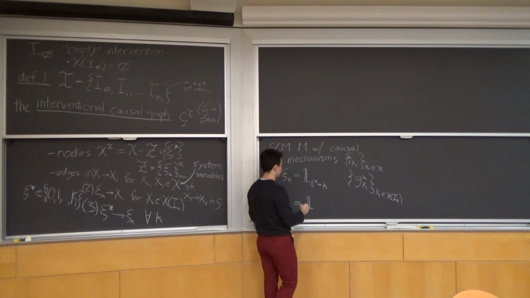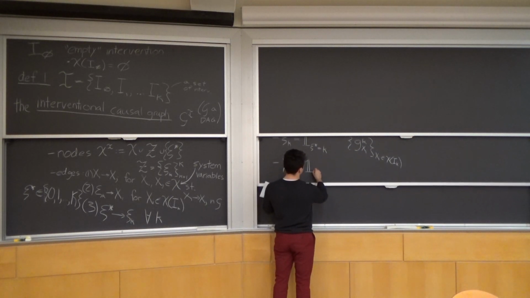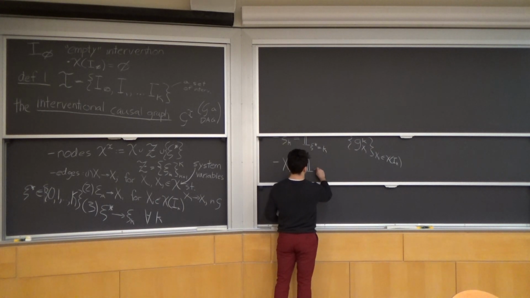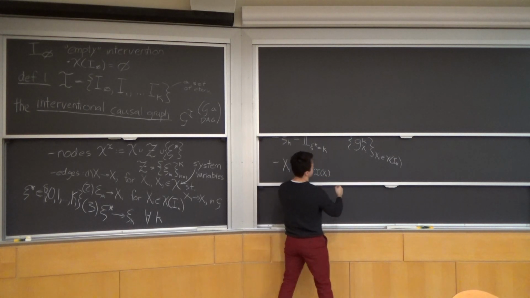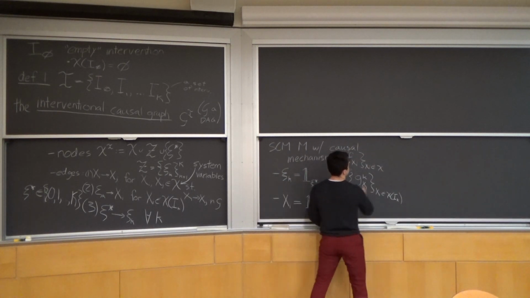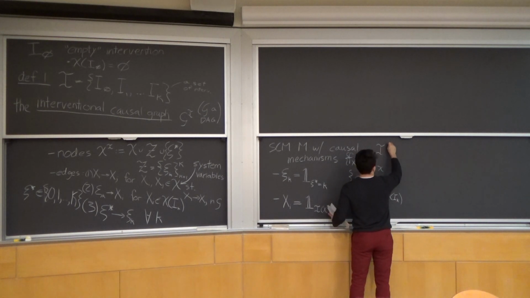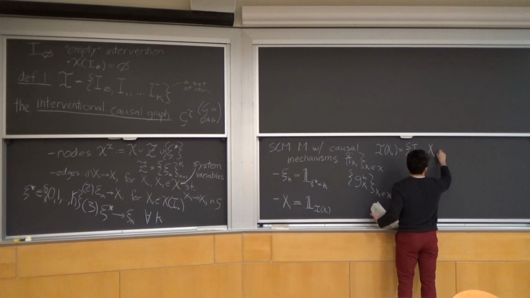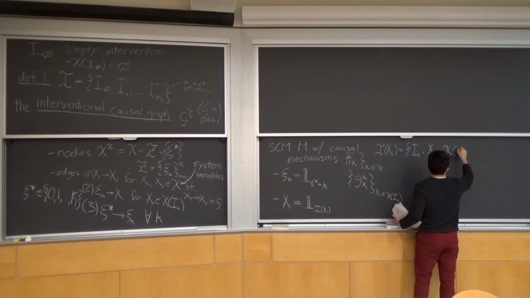Let's call those I of x_i. So this is the set of interventions that have x_i as a target.